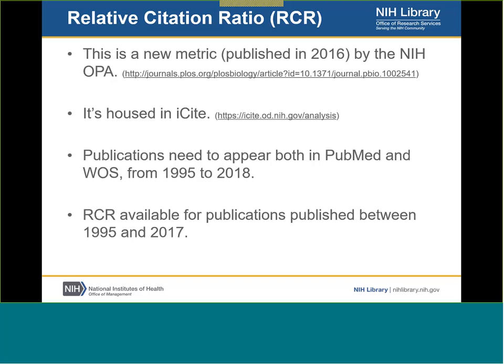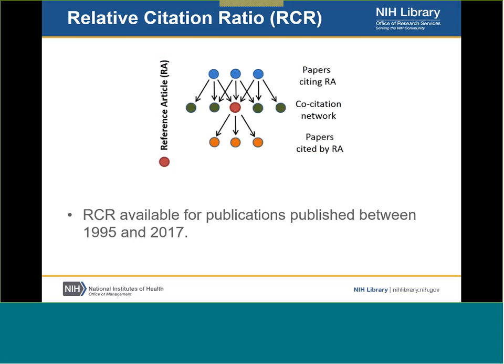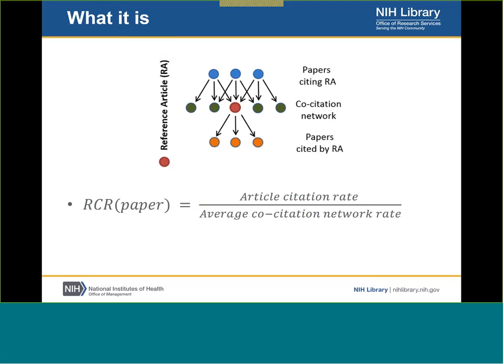All right, so this is the relative citation ratio, and what they're actually looking at are similar things. They look at your citation and compare it with the average of a co-citation network. So how do we look at the co-citation network? Here you see the red circle.